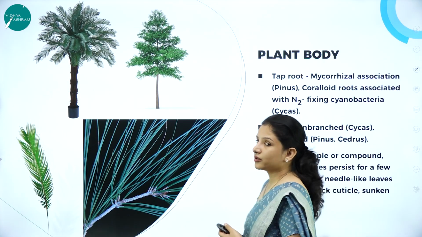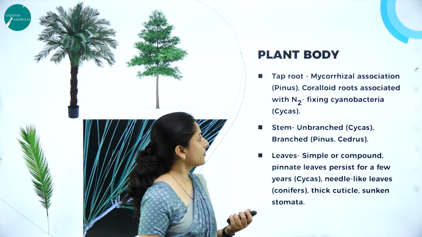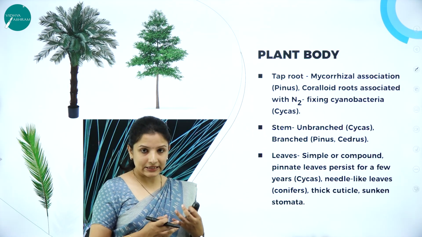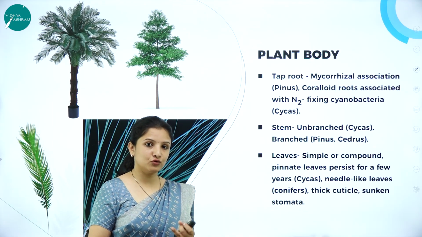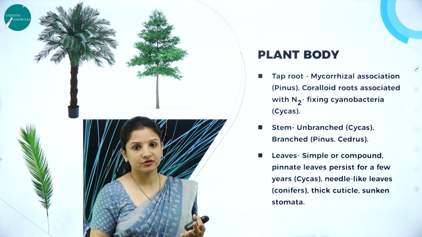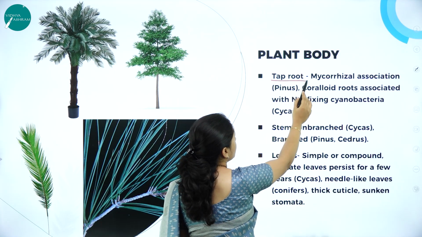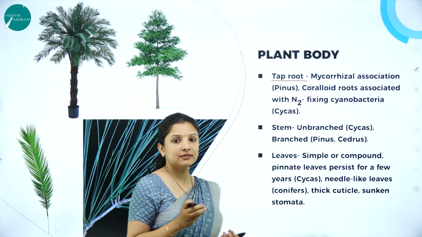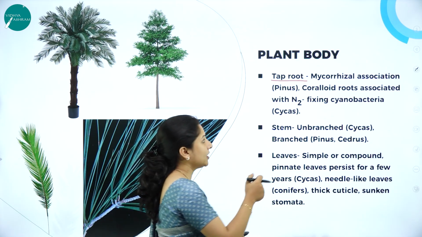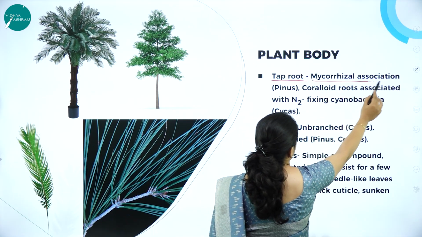This is about their size. Next, talking about the plant body. These gymnosperms have true roots, stem and leaves like other angiosperms and pteridophytes as well. Their root is a taproot, wherein the taproot has mycorrhizal fungi in it. So they have a mycorrhizal association.